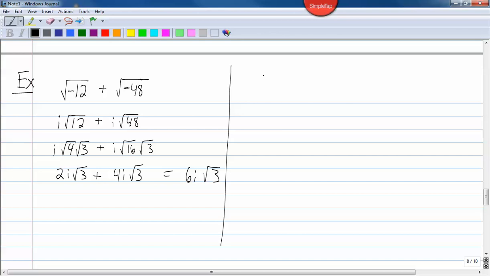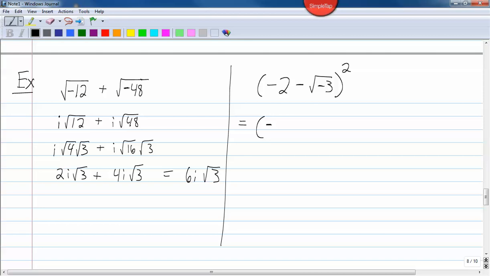So, what if I was given this expression? Negative 2 minus the square root of negative 3, squared. Okay, so let's look at what's in the parentheses to see how we can rewrite this in terms of a complex number.